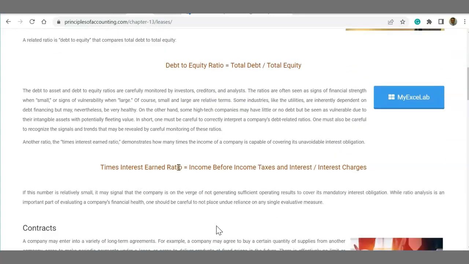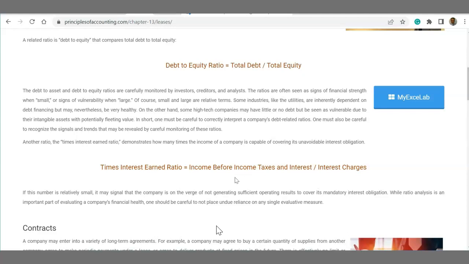Times interest earned ratio is also a good one, which compares how many times more interest is earned by the company. How many times the income of the company is bigger than the interest obligation. So in order to calculate that, income before income tax and interest, divided by interest charges.